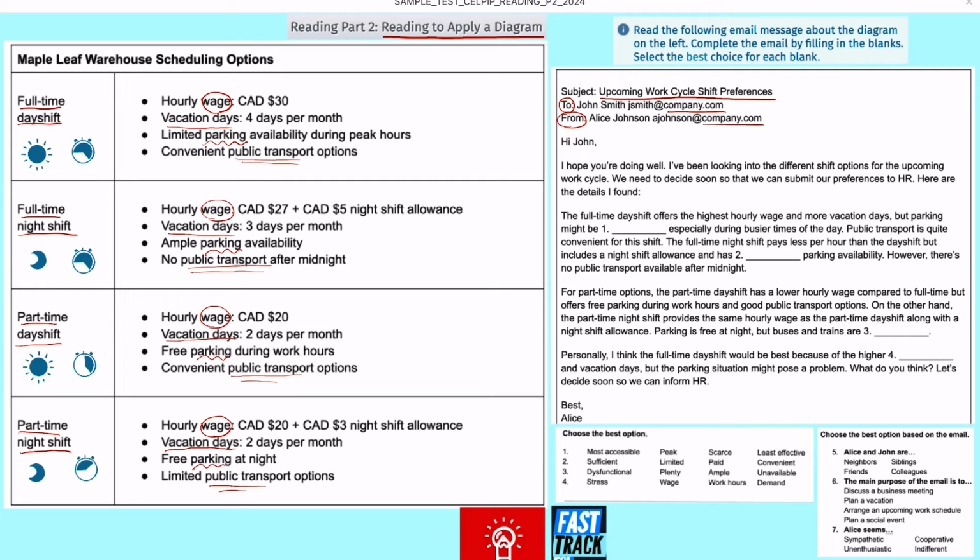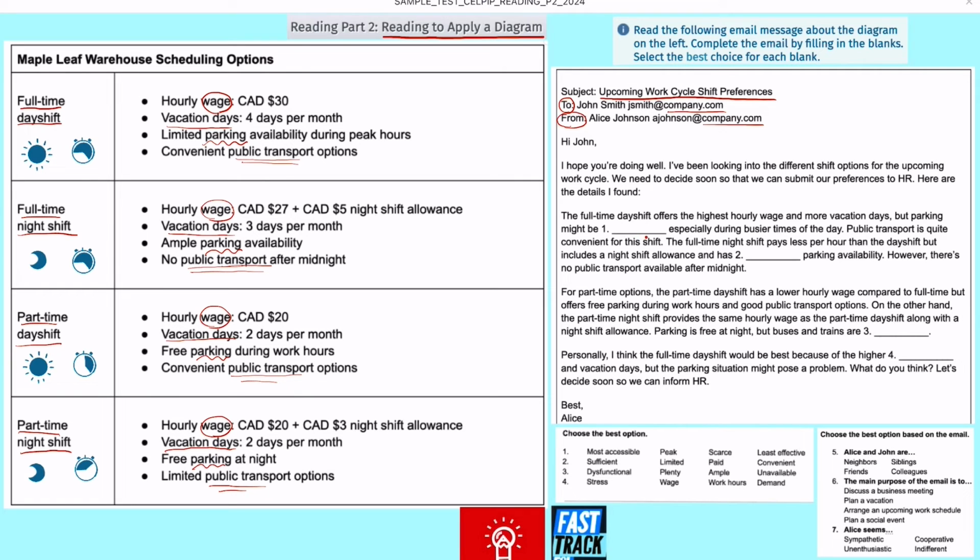It says, "Hi John, I hope you're doing well. I've been looking into the different shift options for the upcoming work cycle. We need to decide soon so that we can submit our preferences to HR. Here are the details I found. The full-time day shift offers the highest hourly wage and more vacation days, but parking might be."